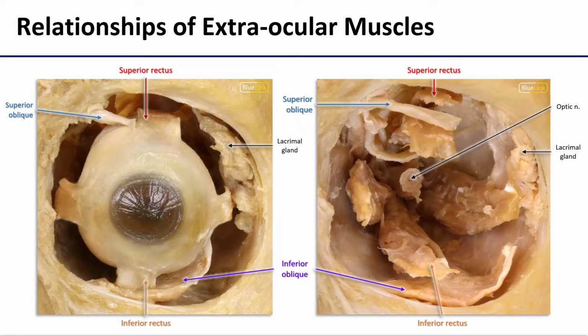And if that's the lacrimal gland, then this muscle sitting directly inferior to it is going to be the lateral rectus. Okay? And if that's the lateral rectus, that's the medial rectus. All right, so are we looking at a right or a left orbit? Well, if this is medial and this is lateral, and we remember to put ourselves in the patient's position, we can say that this is a left orbit.